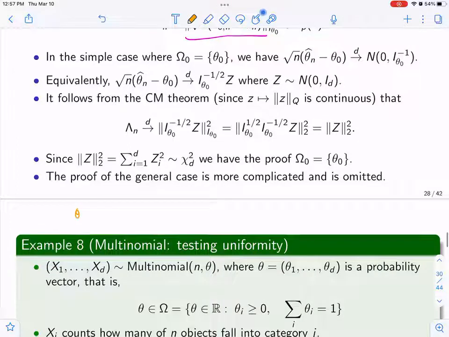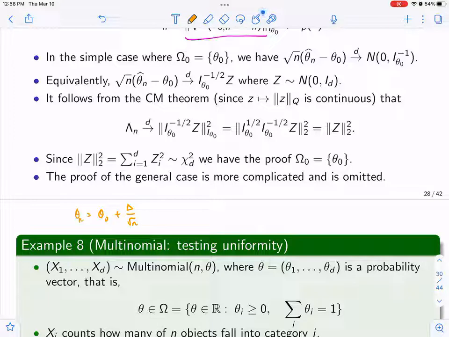What he's going to do is derive the null distribution of this guy under a varying alternative. Here we did it under theta naught; he's going to do it in the general case.